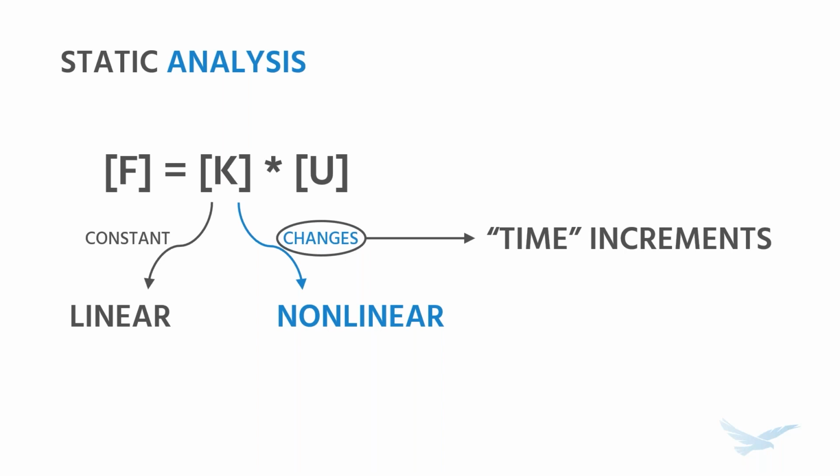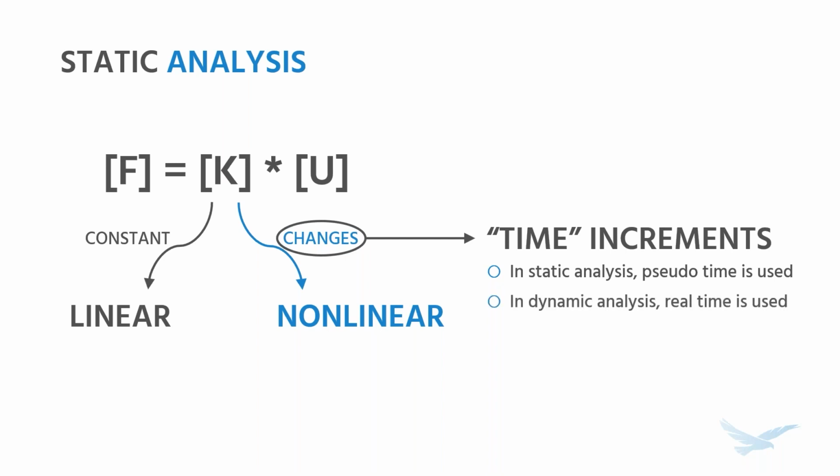And so time increments in this case really refers to a way for us to increment the load. Sometimes we call this pseudo time. And it's important to note that we're still using increments. They just don't correspond to real lifetime. In contrast, if we are doing a dynamic analysis, then of course these time increments are real time increments.